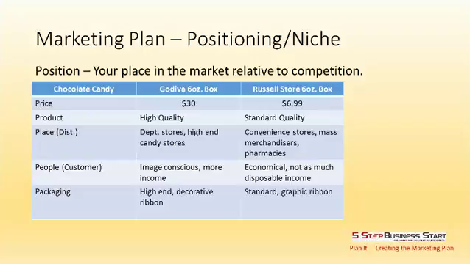Both of them are 6-ounce boxes, but they are positioned differently in the marketplace almost to the standpoint they don't really compete with one another, but they are different, and each one of them has their niche in the marketplace.